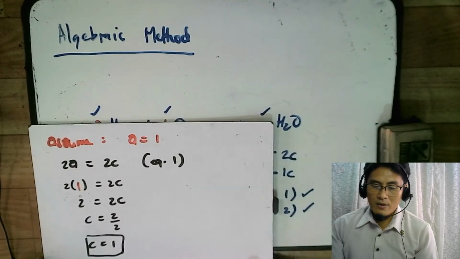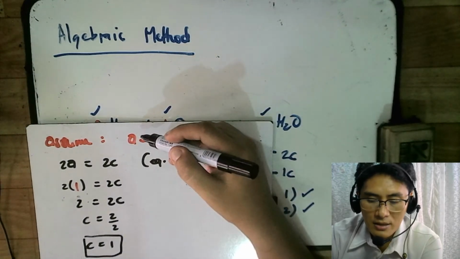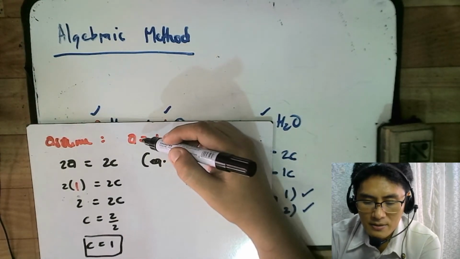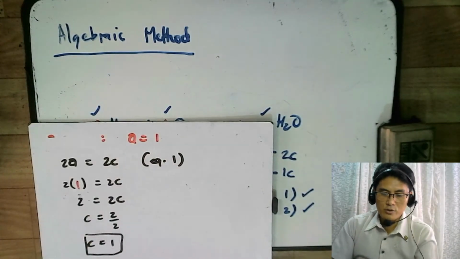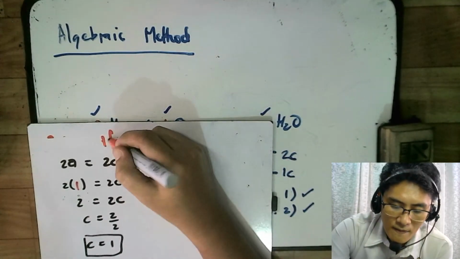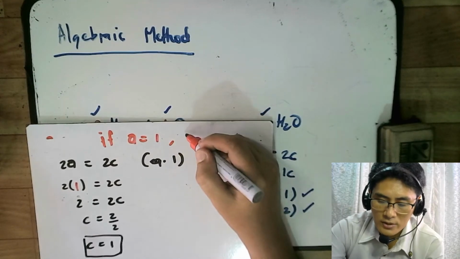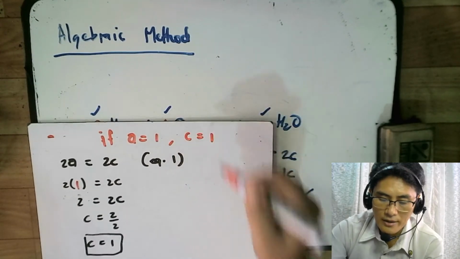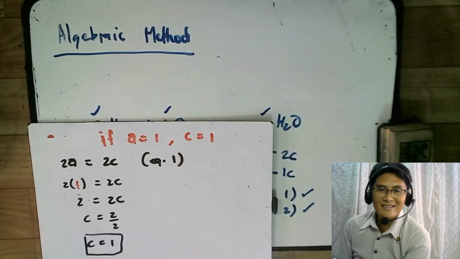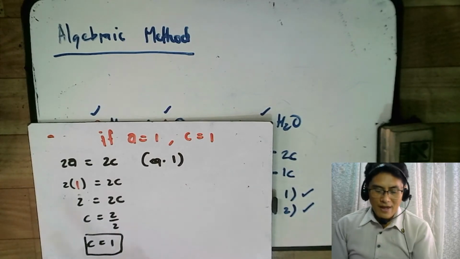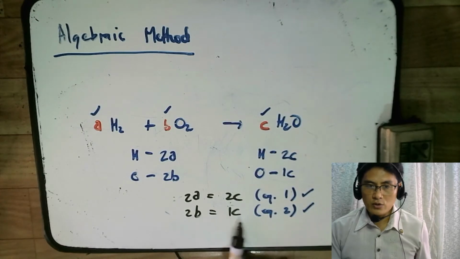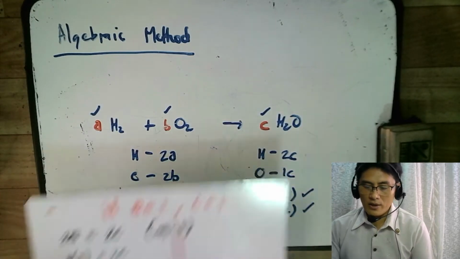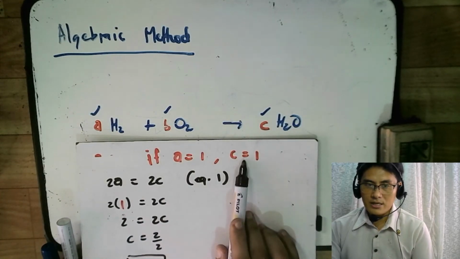So now, if we assume that A is 1, we now solve that C is 1. Okay? And then, from there, we can also use equation 2. Because now we know what A is, now we know what C is.